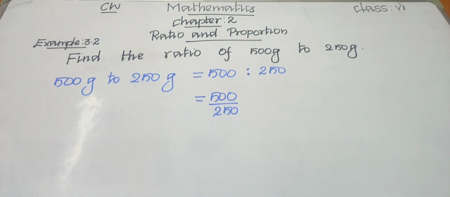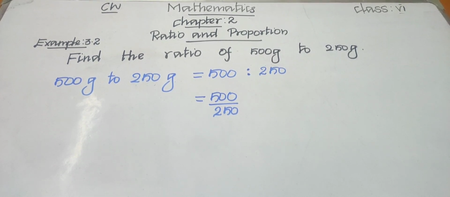Now what do we need to do as the next step? We need to divide by the same number in the numerator as well as in the denominator.